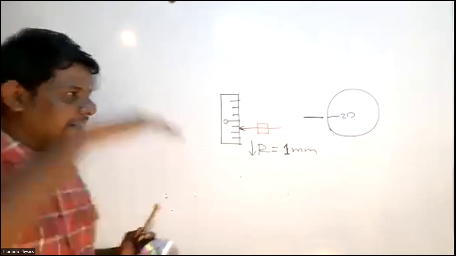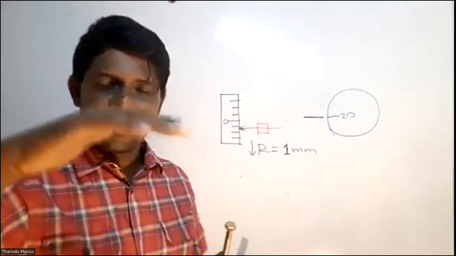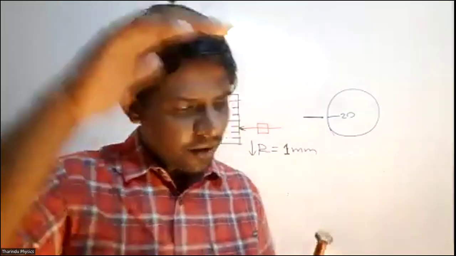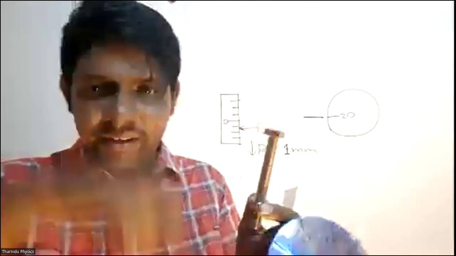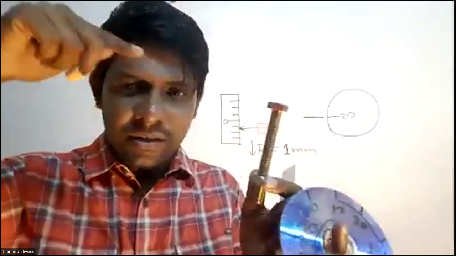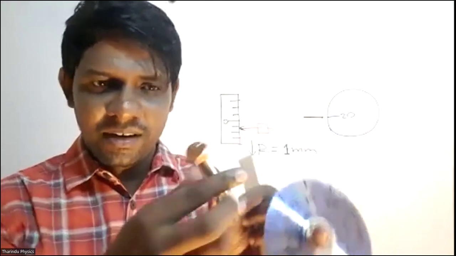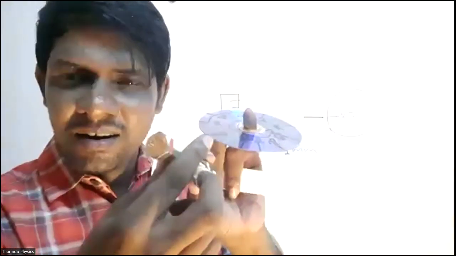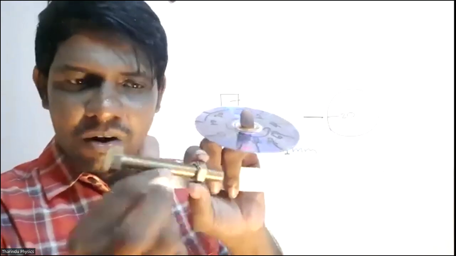Definitely anti-clockwise to unscrew. If you are taking any reading below zero, you have to tighten the screw. To where should you now rotate? It is in the clockwise direction.